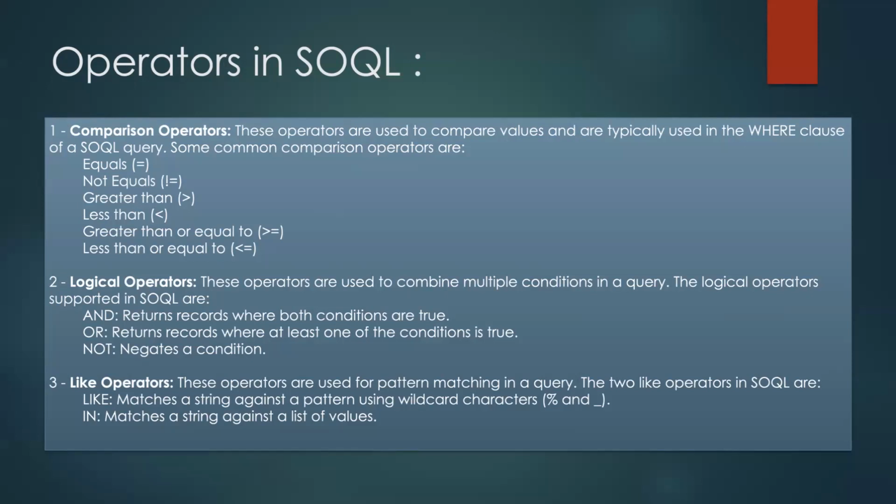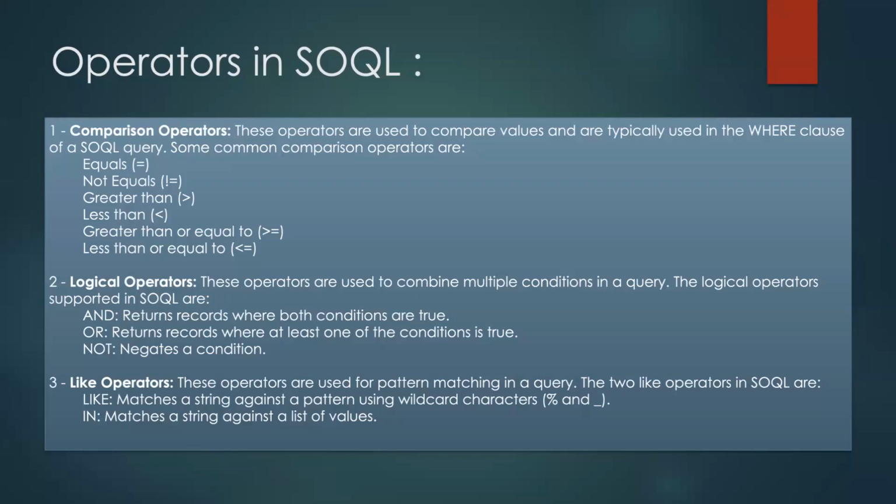One is the comparison operator, which covers equals to, not equals to, greater than, less than, greater than or equals to, and less than or equals to, which are pretty simple to use, so we will not go through them in much detail. Similar to that, we have logical operators, which are and, or, and not. If we have to filter data based on multiple conditions, then we use these logical operators to attach multiple conditions in a single where clause.